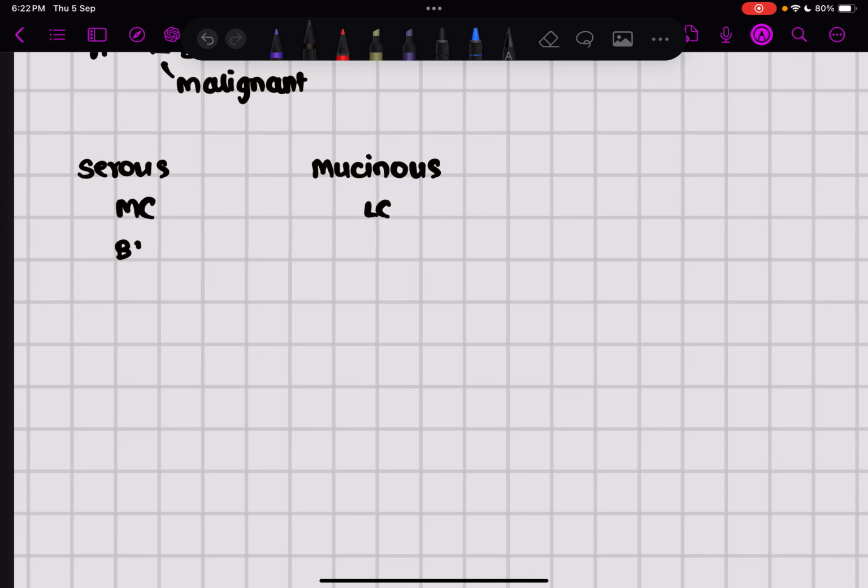Serous is bilateral, whereas mucinous is unilateral, which can be called mono, so that it matches with the M. Let us finish the histopathology and gross first.